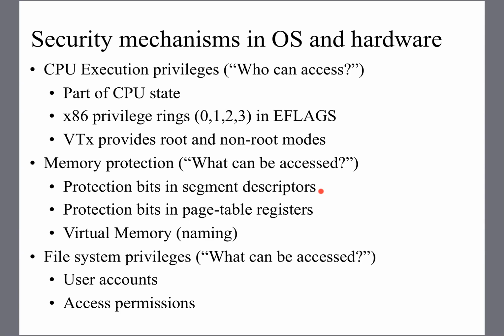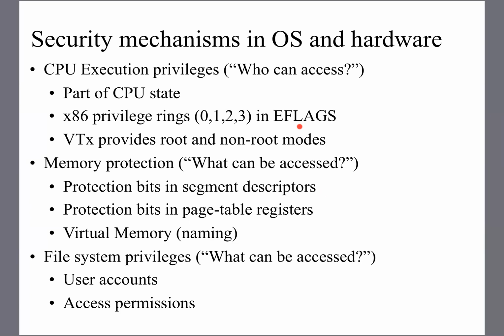Those two bits correspond, at least on the x86 platform, to these four privilege levels 0, 1, 2, and 3. So basically, the access to a particular memory region would depend upon the permissions in the page table entry, the permissions described in the segment descriptors, and the CPU privilege level specified in the EFLAGS register.